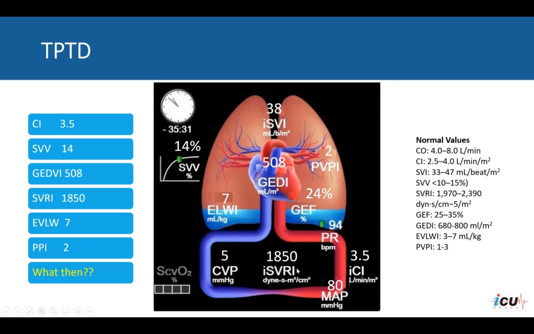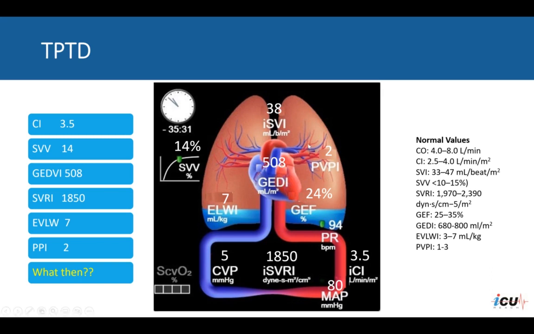As I stated, the heated chemotherapy can cause vasodilatation, but the normal starts from 1970, slightly decreased, acceptable. Well, what about the extravascular lung water index? It is 7, acceptable. Anything between 3 to 7 is fine, less than 10 is okay.